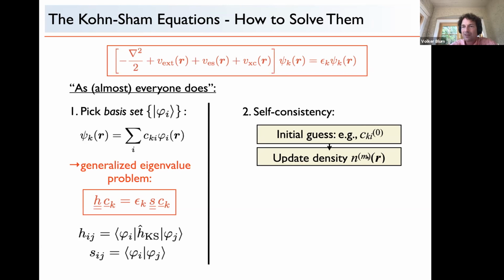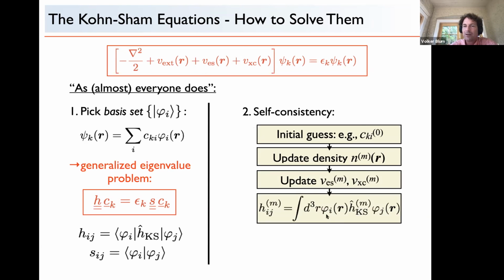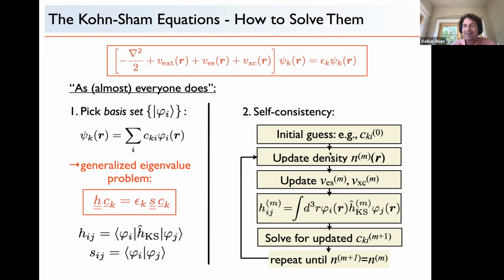So we start with an initial guess, we update the density, we update the potentials from the density, we update the matrices over here from the potentials, and then we solve this eigenvalue problem and get an updated set of eigenvectors and eigenvalues out.